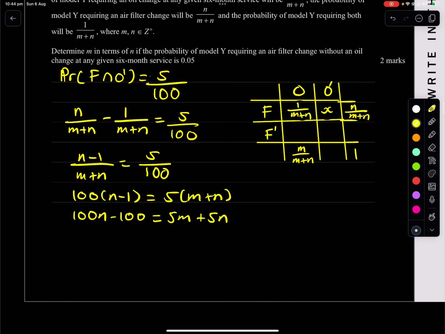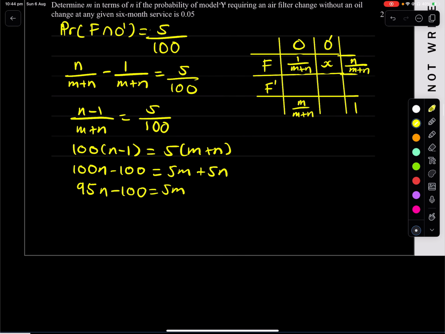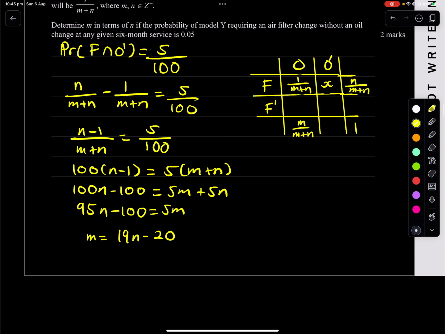And we want to determine m in terms of n, so we want m as the subject. So that'll be 95n minus 100 equals 5m. So your m value is 19n minus 20. Is that right? So 95 divided by 5, 95 divided by 5. Okay, looks right, yep. Yeah, looks good.